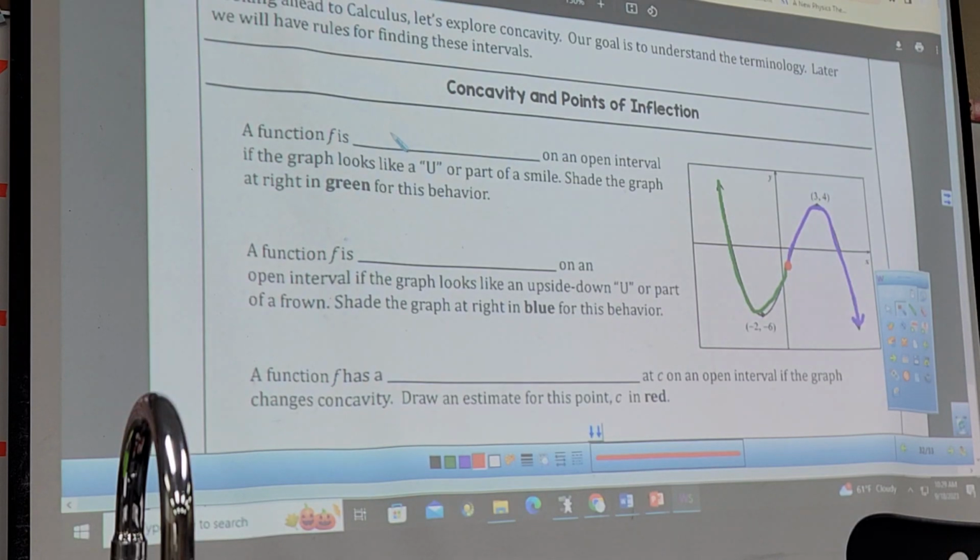So what do we call it when it looks like a U? Concave up. What do we call it when it points down? And what do we call that point again? You guys got it. It's too easy.